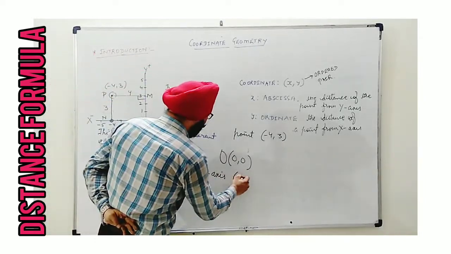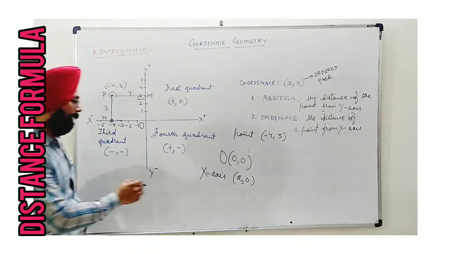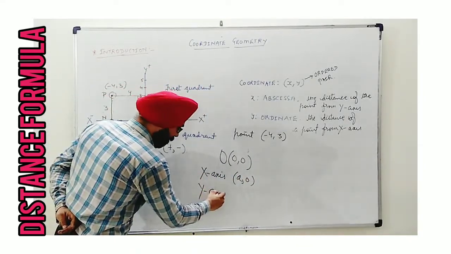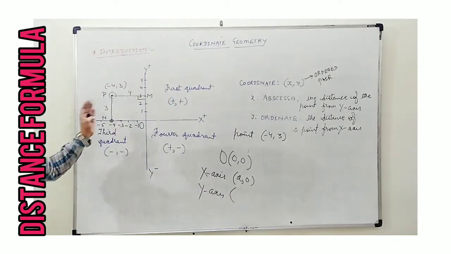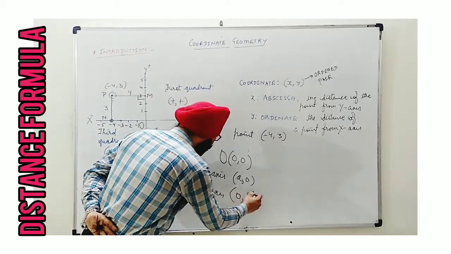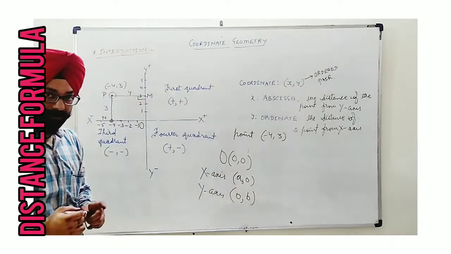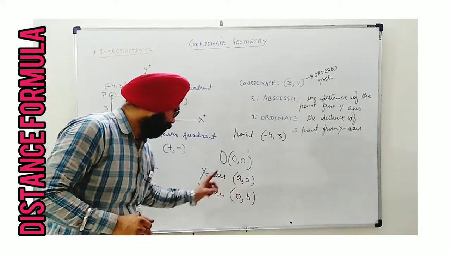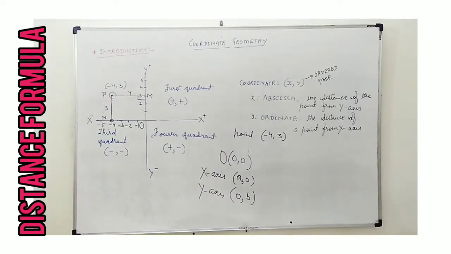So the pattern of the point will be a, 0. Any point on the y-axis, if I take, its left and right reading will be 0. So its pattern is always 0, b. That means whenever we take any point on the x-axis, its ordinate will be 0. On the y-axis, its abscissa is 0. So this is the basic theory of coordinate geometry.